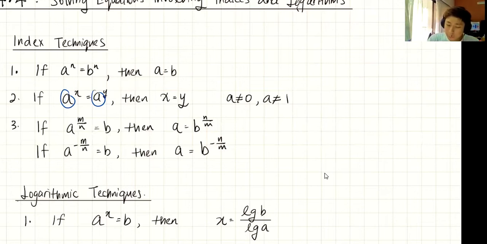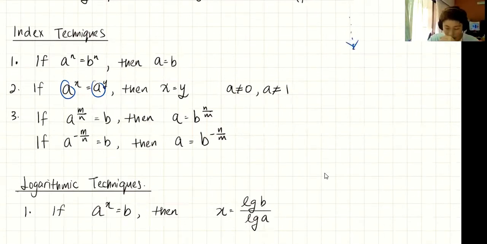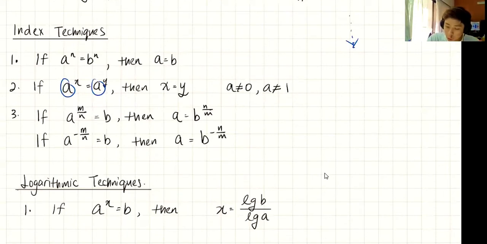All right. Example wise, you can have a complex question. You manipulate until you reach a step whereby you have something like this. Let's use 3 to the power of 2x minus 3 is equal to 3 to the power of, let's just say, 2.